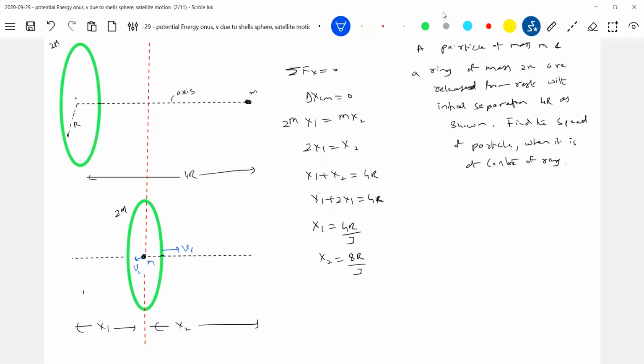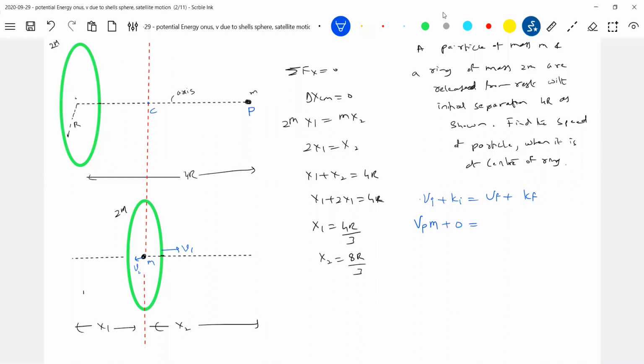Again, applying conservation of mechanical energy: initial interaction potential energy equals final interaction potential plus final kinetic energy. Let me call the initial point P and this particular point C. Initially the particle is at point P, so the potential at point P due to the ring, times mass m, is the interaction potential energy.